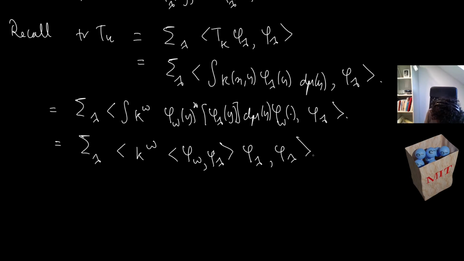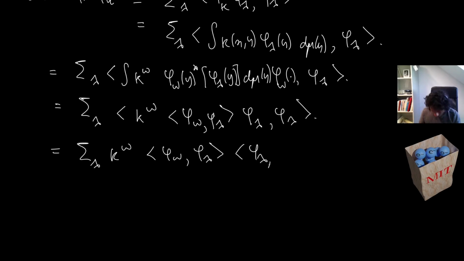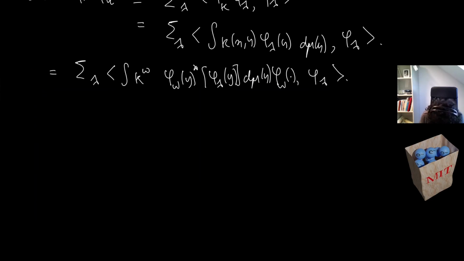So this is now going to be equal to lambda k_omega phi_lambda phi_lambda phi_lambda. Good. Okay, maybe it's actually not better to write it in this form. Let me write it more instructively as follows.